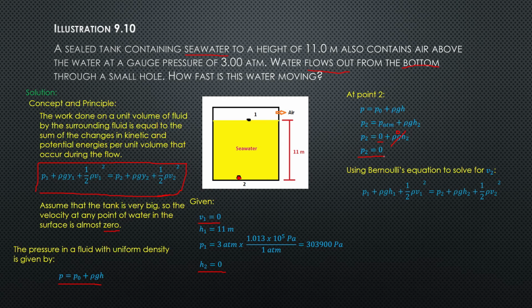We have said that pressure at point 2 is 0, the height at point 2 is 0, so this is also 0. Then we have assumed that velocity 1 is 0, so this becomes 0.